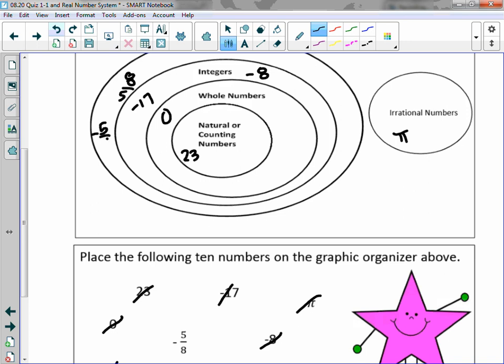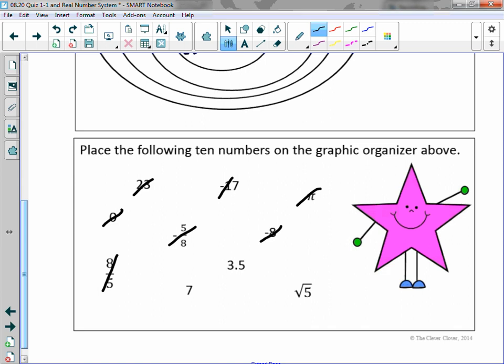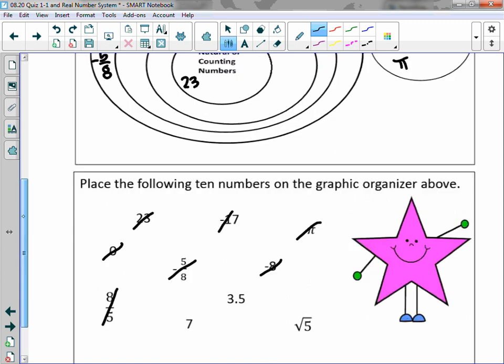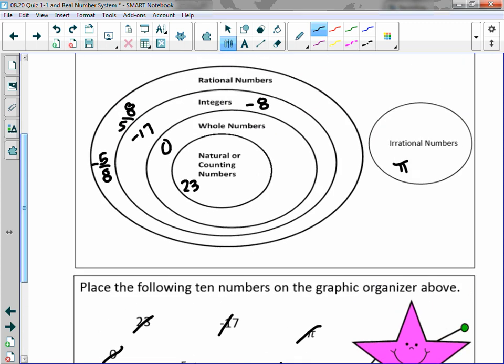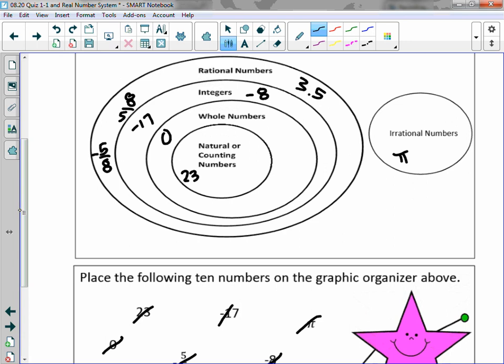Rational. 3.5. Integer? No, that's rational. 7. Natural, or counting number. And square root of 5. Irrational. Very good.